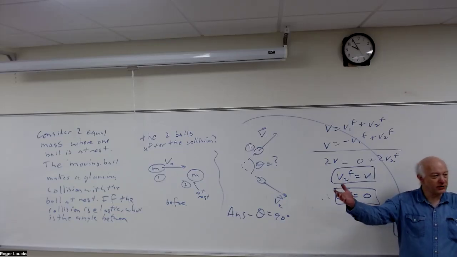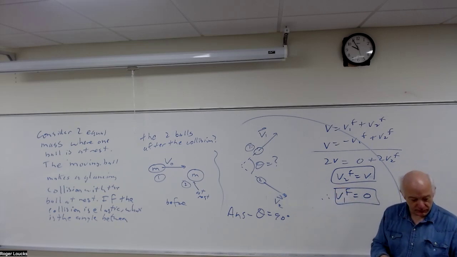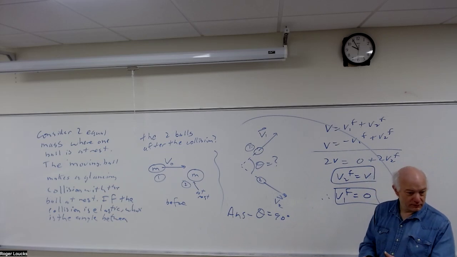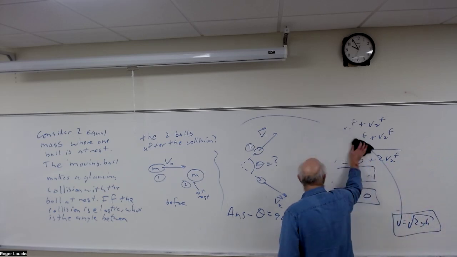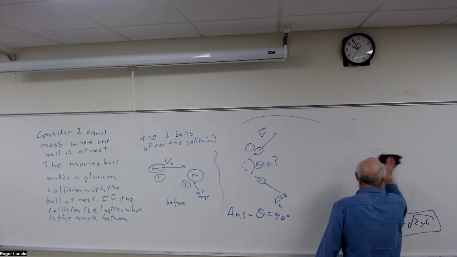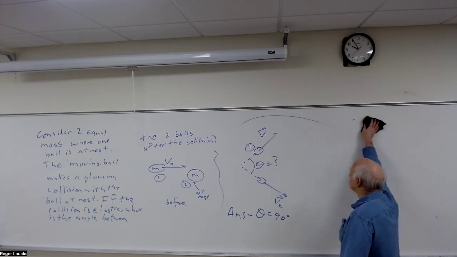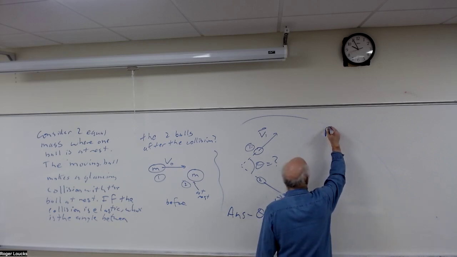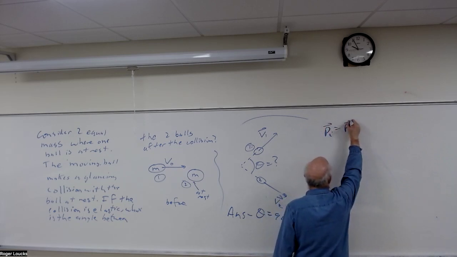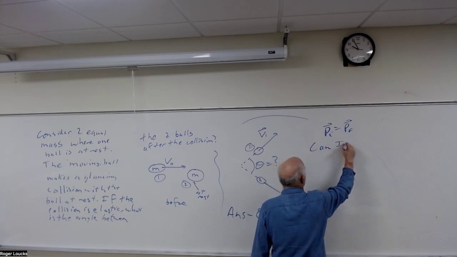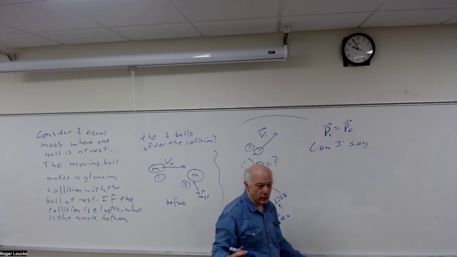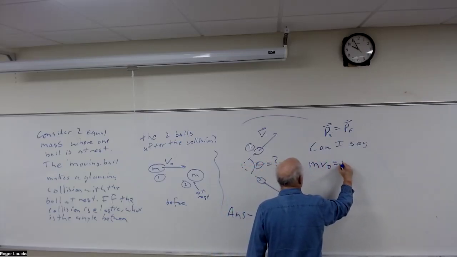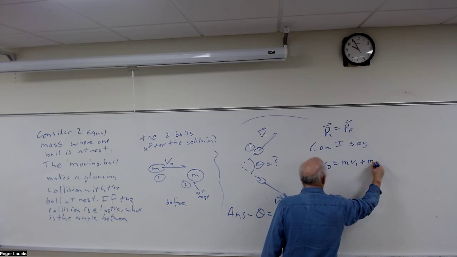Okay, I think you're pros at this. You tell me what to do. Okay, so we have P initial equals P final. Can I say, and obviously by the way I'm writing it, I can't: m v naught equals m v1 plus m v2.